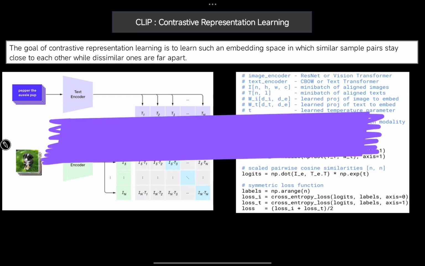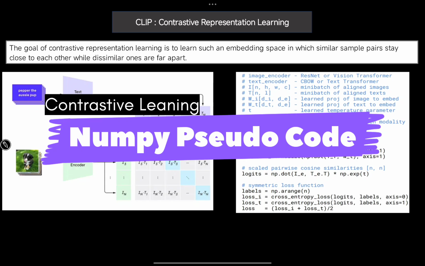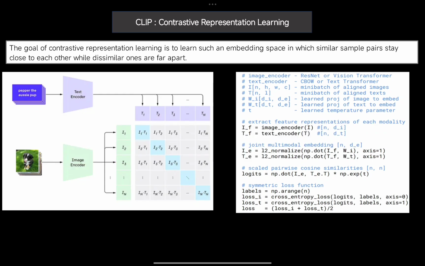You can see we have the image I, and that gets passed through the image encoder which will produce the corresponding features related to the image, and then we also leverage the text encoder and pass the text through that to get the corresponding text embedding. Then we create a joint multimodal embedding. We bring in learnable parameters, Wi related to the image and the corresponding Wt.